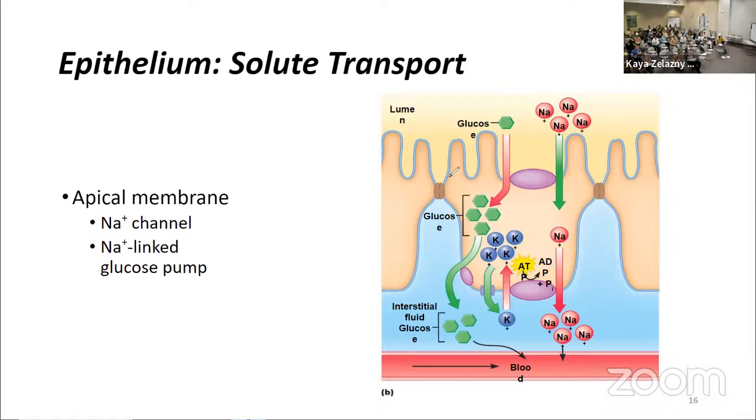Okay, so on the apical membrane, right, we know that we have high sodium outside, lower sodium inside, higher sodium outside here. So on that apical membrane, one of the ways that we're able to bring glucose into our cells is through co-transport with sodium.